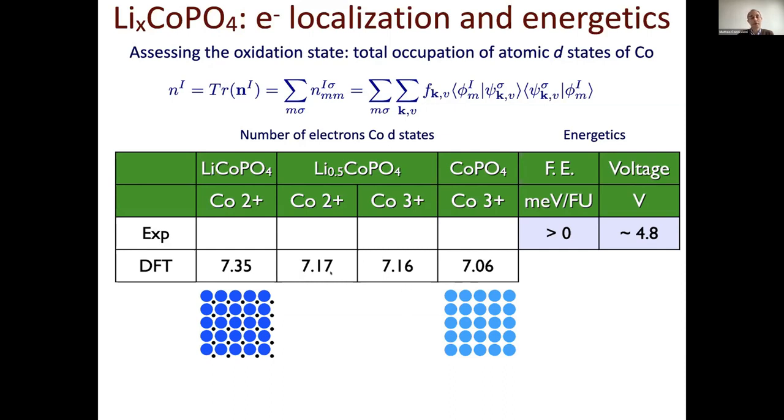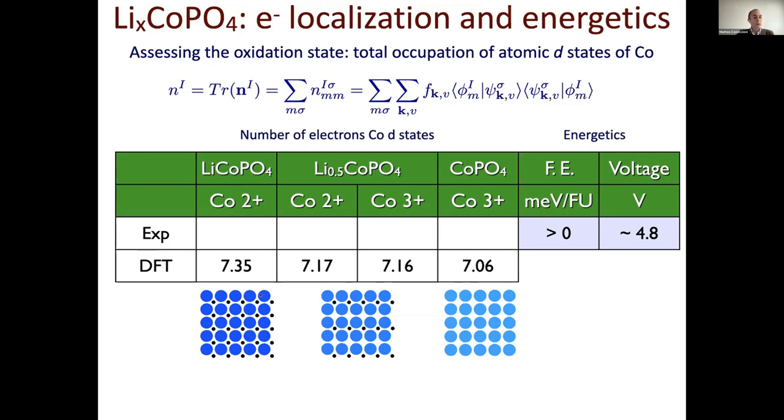So it's as if all cobalts are in a sort of 2.5+ state, which is not what we want, which is represented here by an ordered phase of lithium, but spread out electrons. So you see an intermediate color of all the transition metals in between these two extremes.